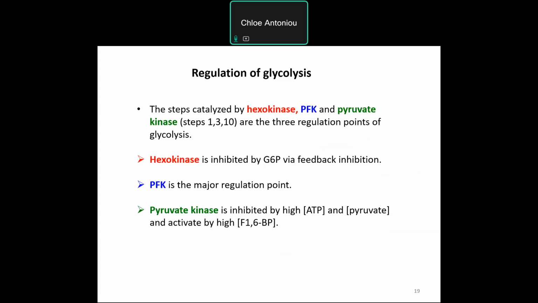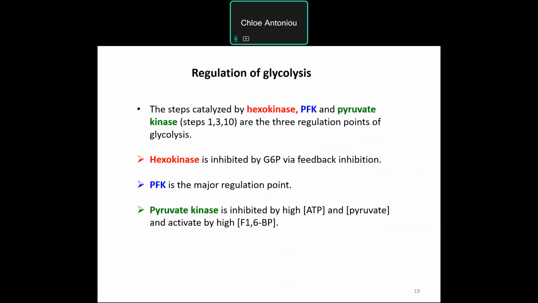PFK is the major regulation point, so I'm going to have slides dedicated to just PFK, so hold on to that thought. And pyruvate kinase is inhibited by high ATP. Isn't that also feedback inhibition? Isn't ATP a product of glycolysis? If you go back to the reaction of pyruvate kinase, you see that ATP is a product of this enzyme too.